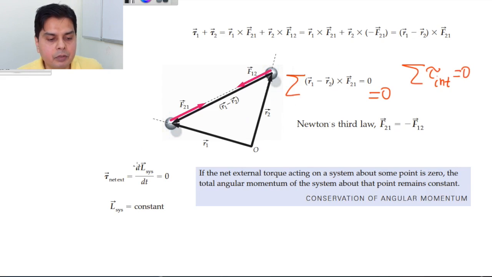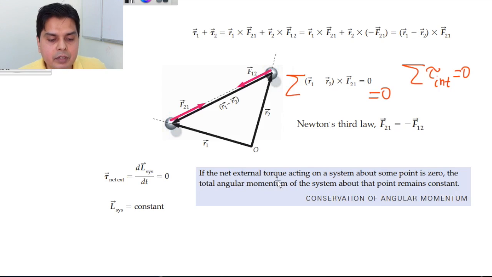So in that equation, what do we get? We get only the net external torque causing the change in angular momentum. I have written this here: the net external torque is dL of the system by dt. Similarly, we can get the conservation of angular momentum: if the external torque acting is 0, the angular momentum of the system will be constant.